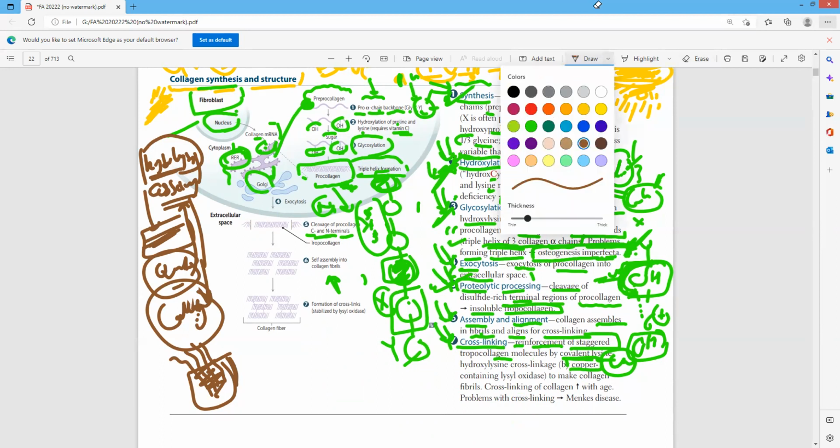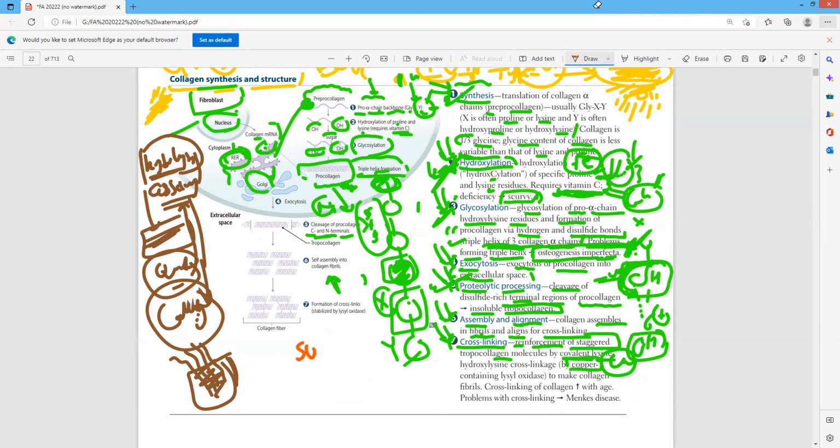Because sweet potato contains a molecule which is called beta-aminopropionitrile, and this inhibits lysyl oxidase.